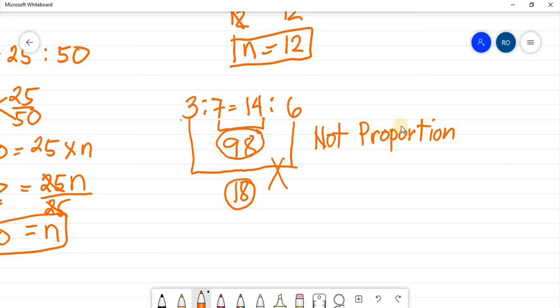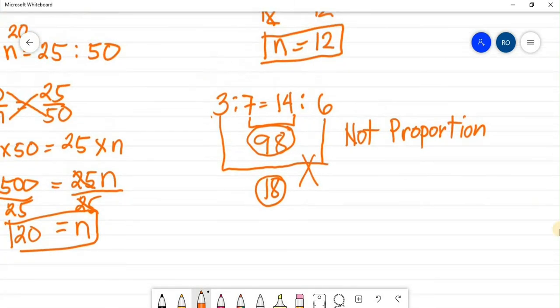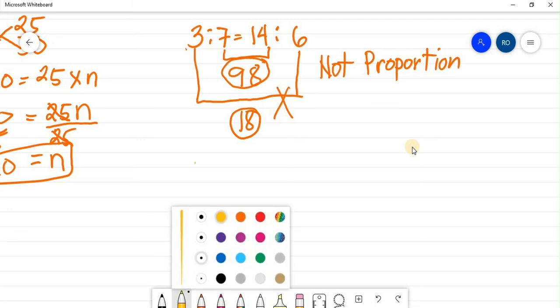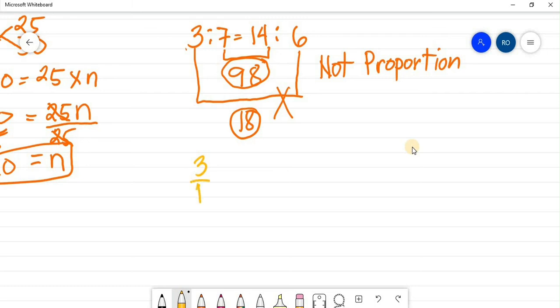Let's take another example. Let's say 3/4 is equal to 6 over 8.